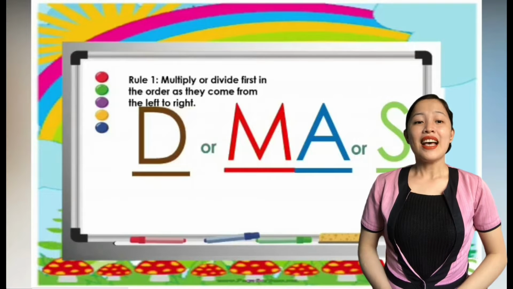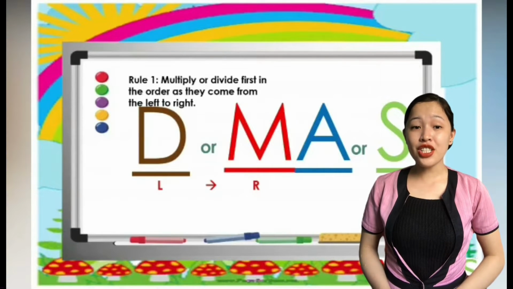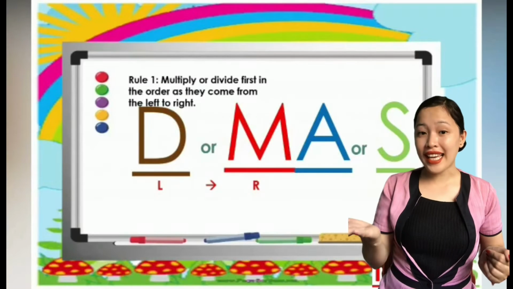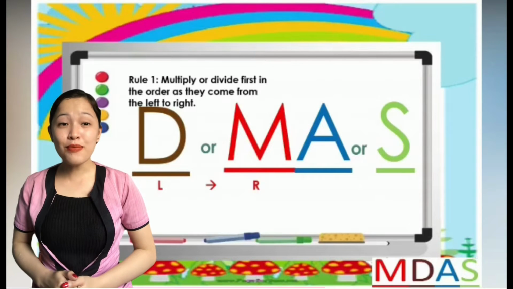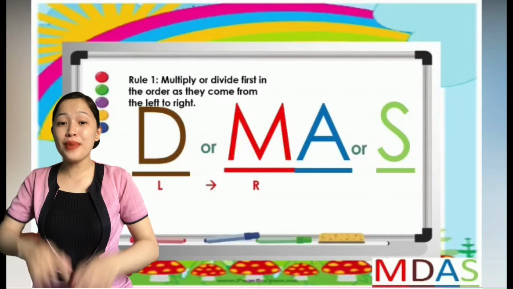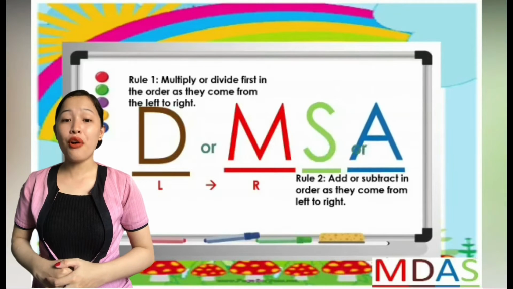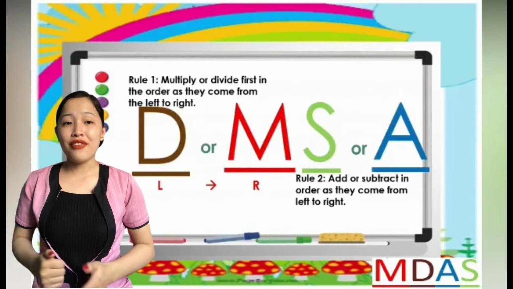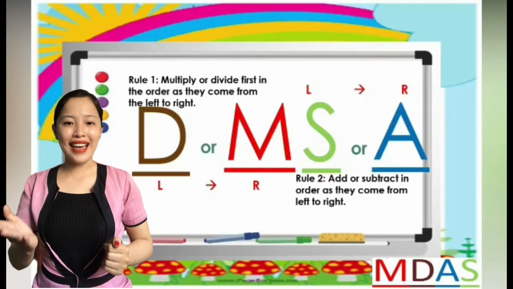This means that you can divide first if division comes first from left to right. And also, addition and subtraction can be interchanged. You can also solve for subtraction before addition if it comes first from left to right.